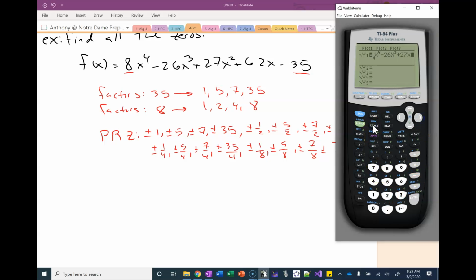Numbers that don't appear on this list would be irrational solutions, like things that involve square roots. And we're not going to be able to isolate those things with polynomial division. We'd have to find those with factoring, kind of by-hand methods. So there's that. Let's hit graph.